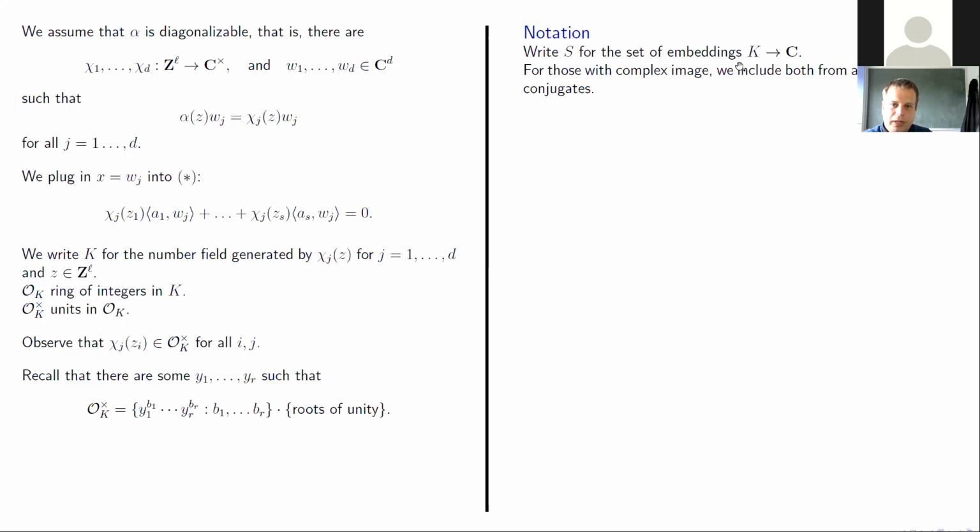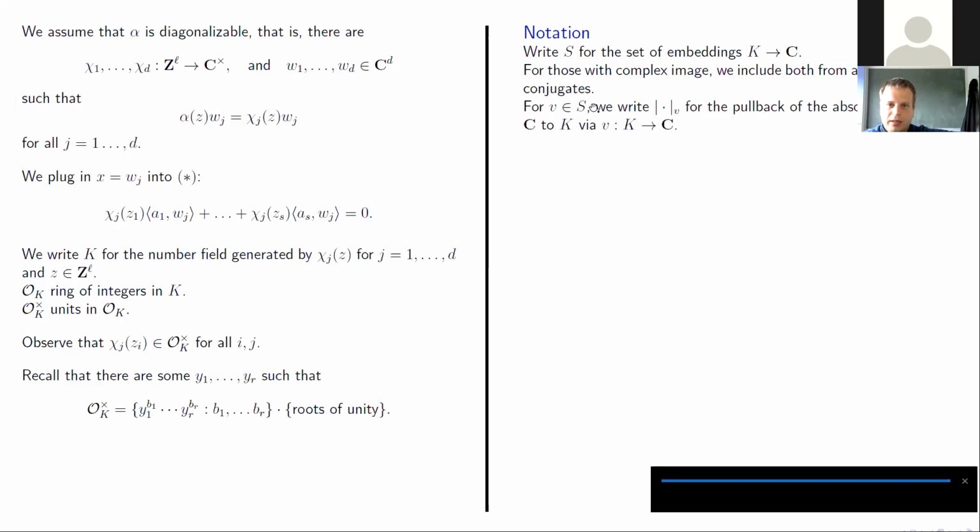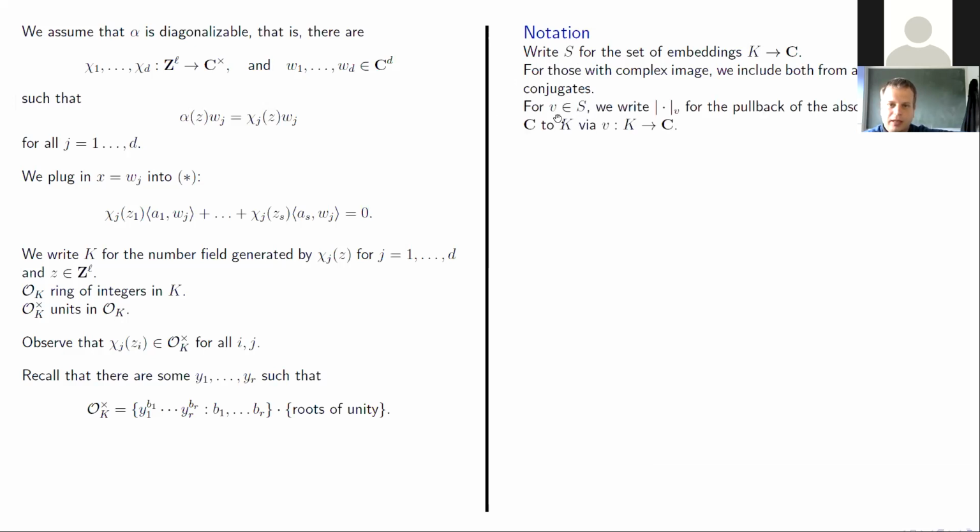So if you have an embedding of K into the complex numbers which doesn't sit inside the real numbers, then you can also apply complex conjugation and you get a different embedding, and I want to have both of them in my set S. And then for each such embedding, I can pull back the absolute value from the complex numbers to K, so I have an absolute value on my number field via this embedding.